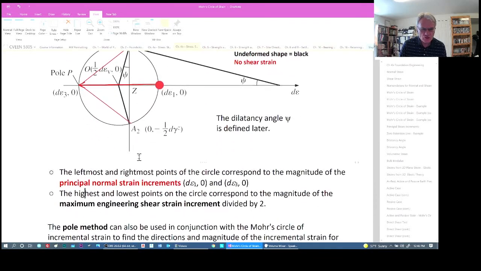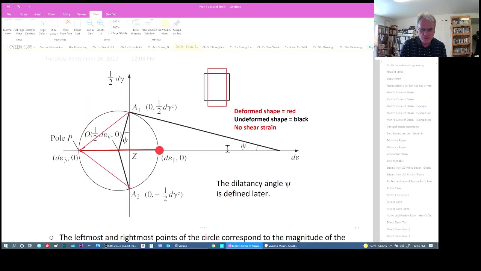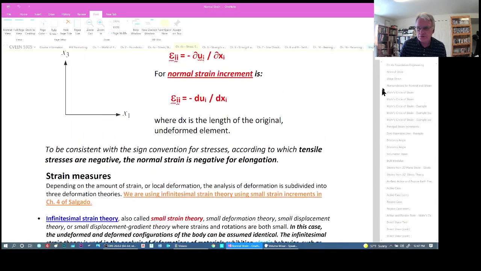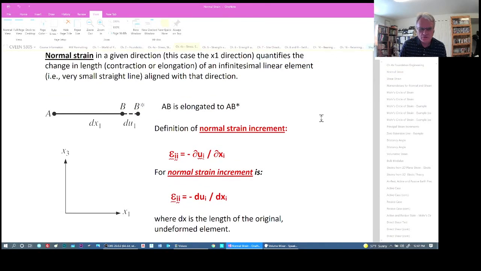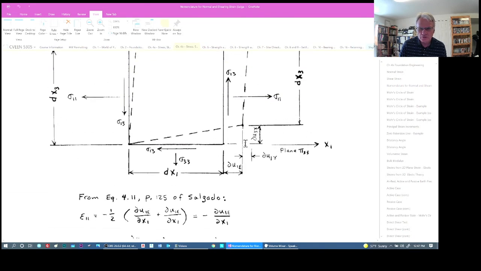Okay, so to use the pole method, let's pick any plane. Let's pick this plane here. By definition, let's go back to our diagram, it's the π3,3 plane.